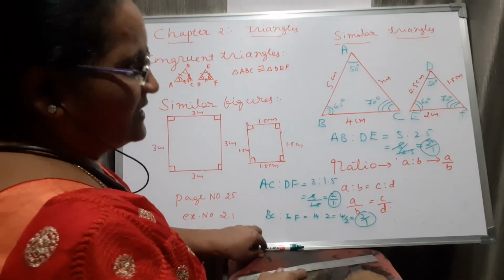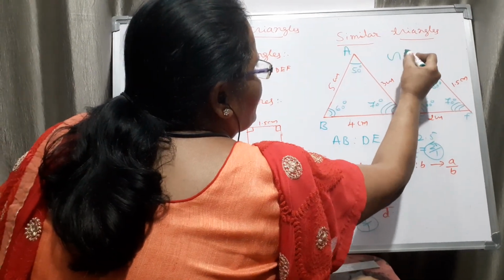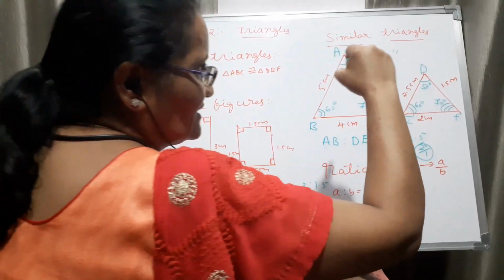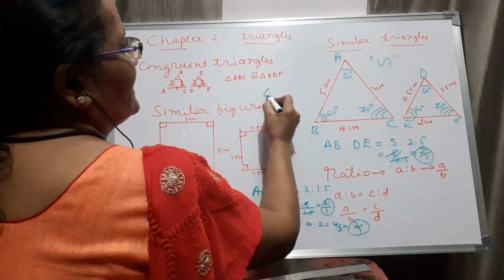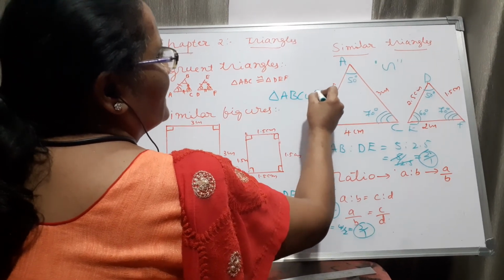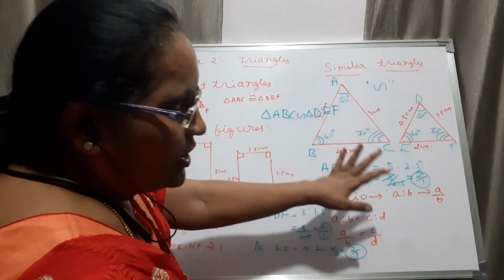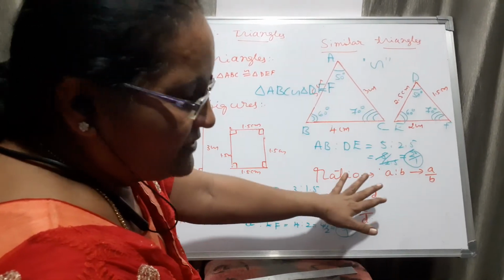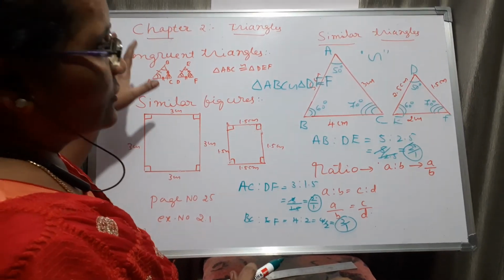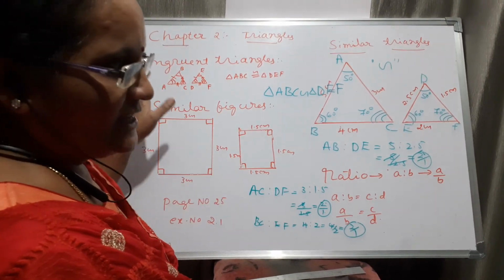Now, the symbol of similar is this one, an inverted S. We write triangle ABC is similar to triangle DEF. They are not congruent. Congruent is different from similar. In congruency, we take equal sides and equal angles.